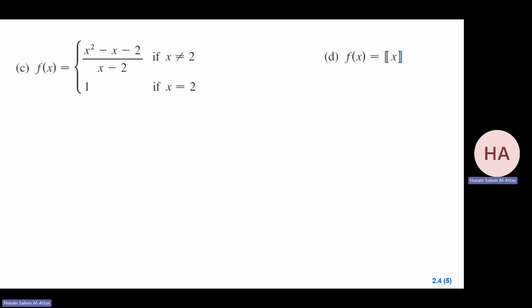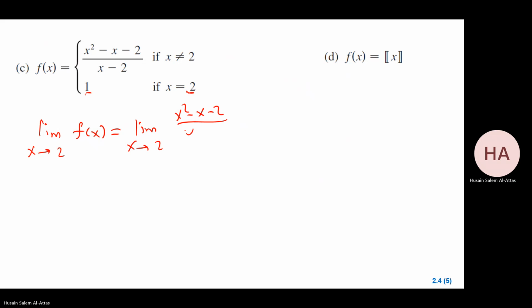Let me take this problem. The function is defined at 2. Yes. The limit, let me check. Limit as x goes to 2 for the function. So we'll take this. That will be limit of x minus 2, x plus 1. Yeah, minus 2.